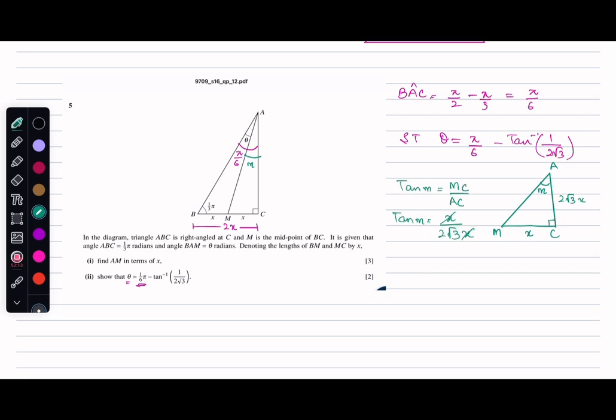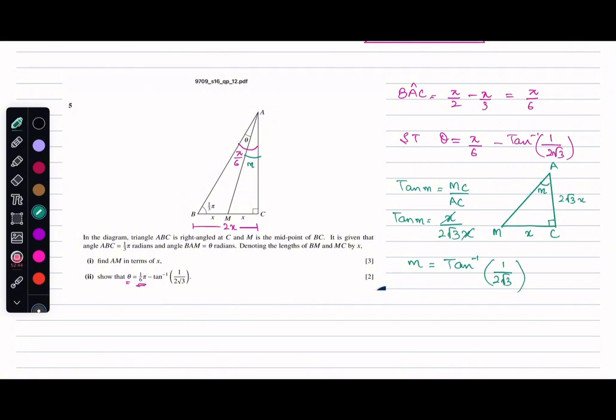So from this triangle AMC, what I can say here is that tan of m shall be equal to opposite MC over adjacent, which is 2 under root 3x. So MC is x and AC is 2 under root 3x. The x gets simplified, or I can simply say now that m shall be equal to tan inverse 1 over 2 square root of 3.